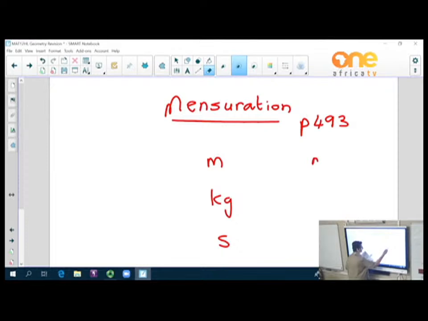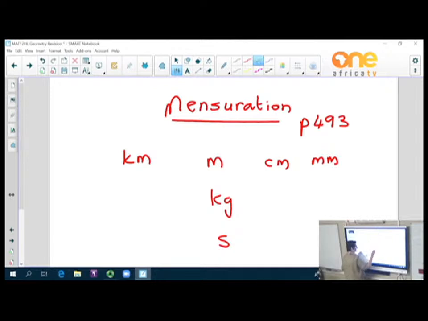So here we have millimeters, centimeters, meters then, and then kilometers. And you know that 10 millimeters is a centimeter, and 100 centimeters is a meter, and 1,000 meters is a kilometer. We really should know that by now and don't have problems with that.